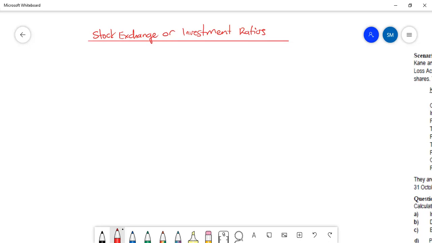But basically, the ratios that we're going to learn today, you will continue using them even when you get into practice, you'll be using them as well. So I'm going to list down the ratios and their formulas as well. So we'll start with earnings per share.